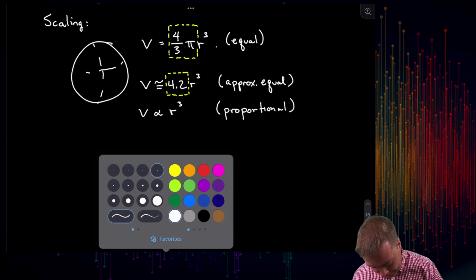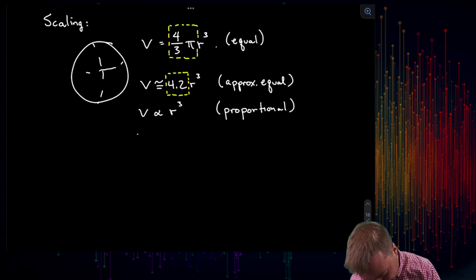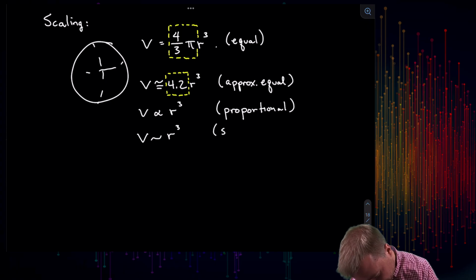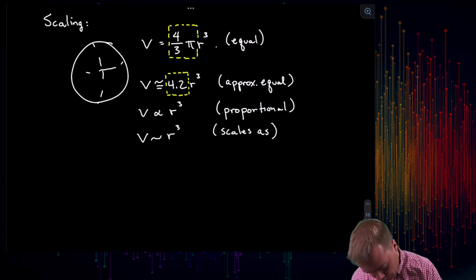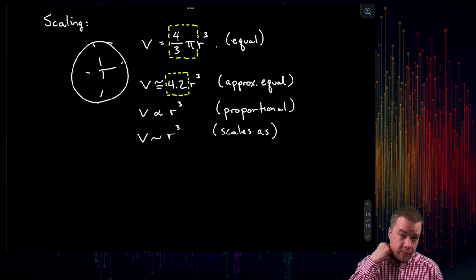Now, where scaling is a little bit different is we write that the volume scales as r cubed. So this is the terminology that we use in polymer physics. We don't usually say proportional to, we say that it scales as.